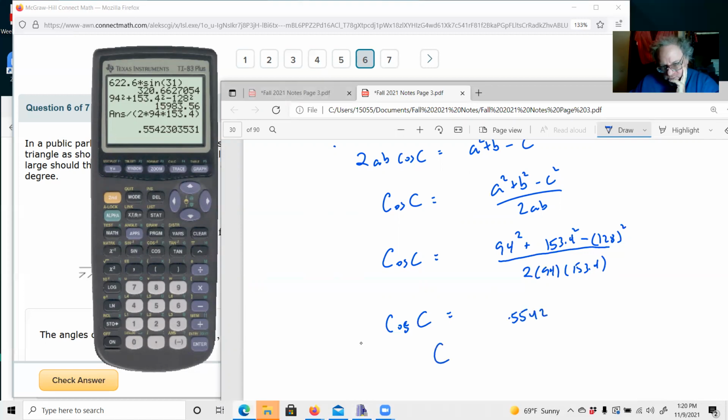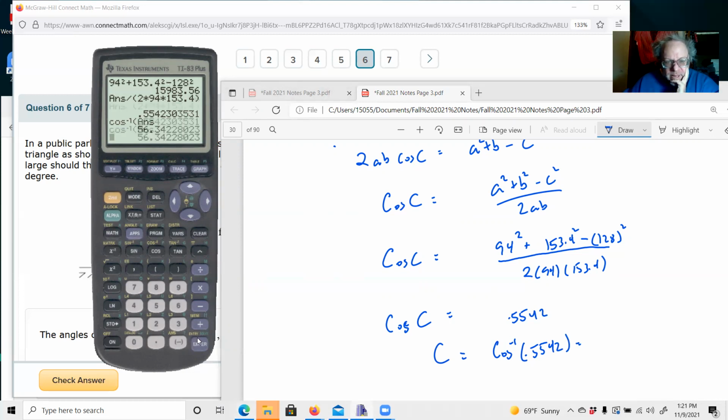0.5542. So C is equal to the inverse cosine of 0.5542, and that is equal to, we're just going to use our previous answer, and then equals, it's 56.34 degrees.